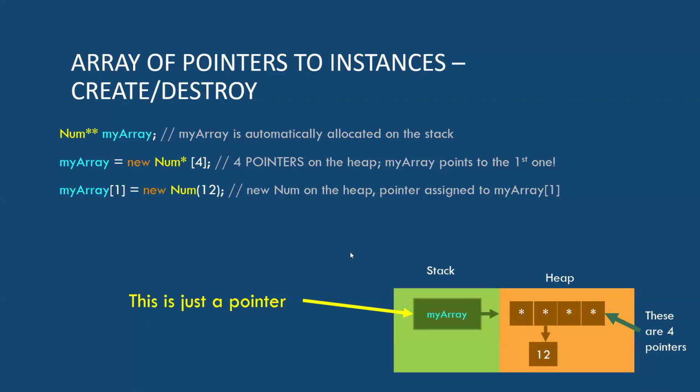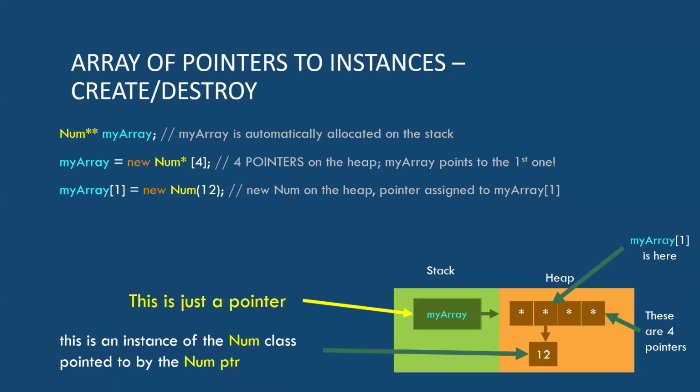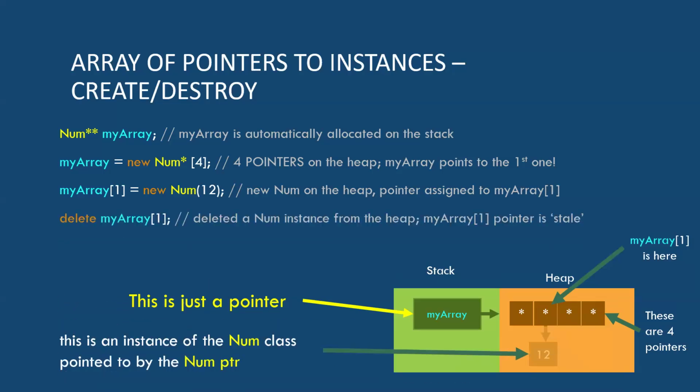And so we could put a new dynamically allocated instance, and we can use its constructor now to give it an initial value if we want. So new gives us a pointer. That pointer goes into position 1 right here, and it points to the new instance of the num class. So that's our little elephant there. And then we can come back and delete that thing, and then we can delete the whole thing.